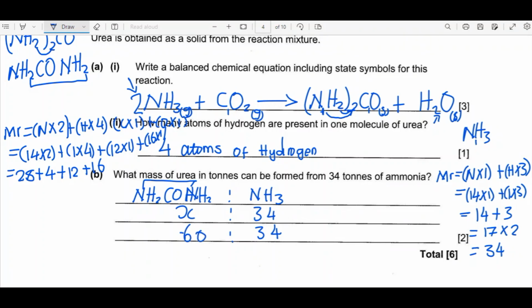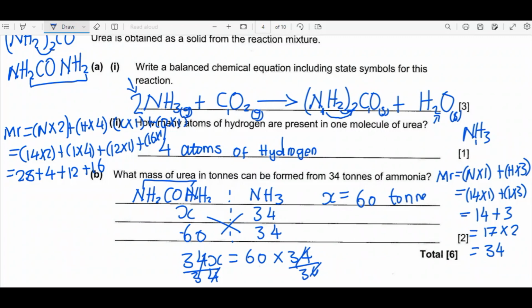So we have 60. Then we cross multiply. So we have 34 times x is 34x. Then here we have 34 times 60. So I won't multiply because I know that the 34 will cancel. So the final answer is 60 tons.